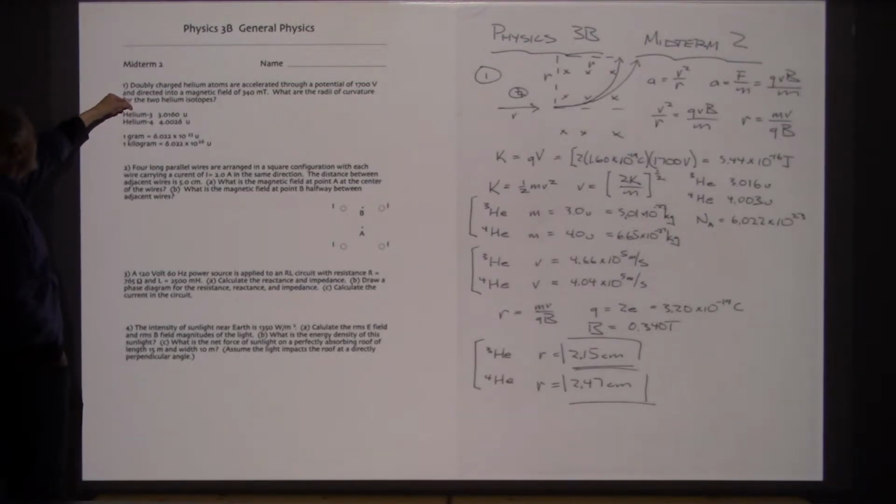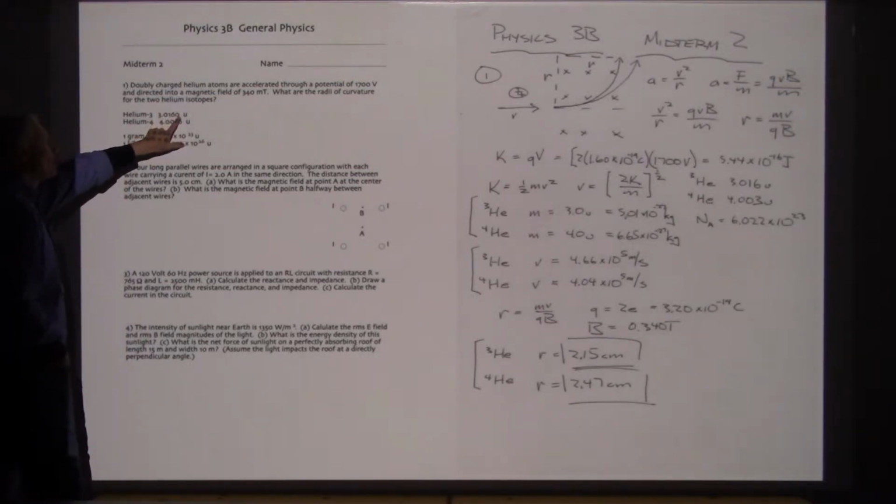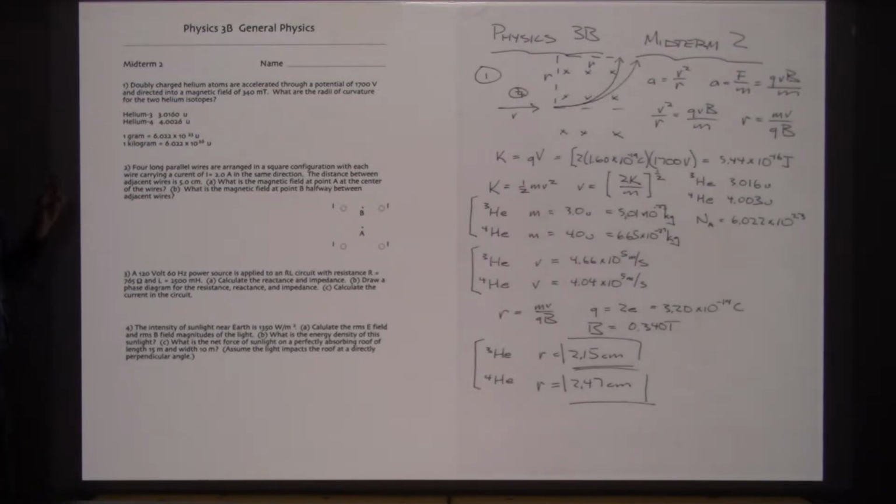And the helium-3 comes in at 3.0160. I didn't subtract off any electron masses. I guess, strictly speaking, I should have. It turns out the electron masses are so small, they're like 0.0005, but they would show up in these last digits. So if we're keeping 3 significant figures, the electron masses aren't going to be important.